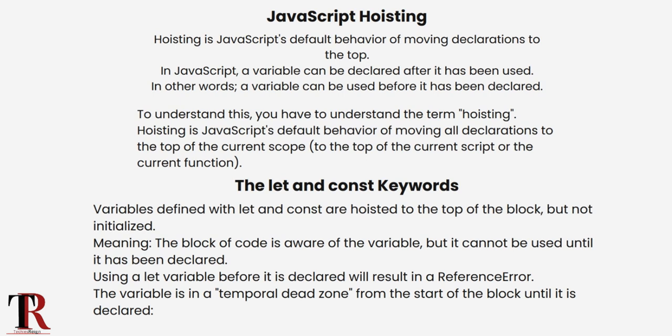The block of code is aware of the variable, but it cannot be used until it has been declared. Using a let variable before it is declared will result in a reference error. The same thing with const. If you use a variable declared with const before it is declared, it will result in a reference error. The variable is in a temporal dead zone from the start of the block until it is declared.